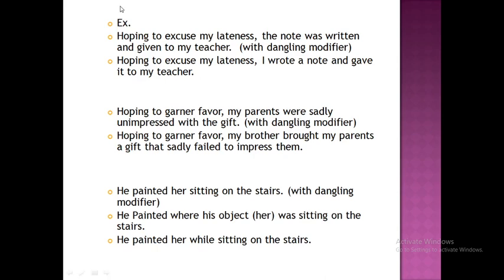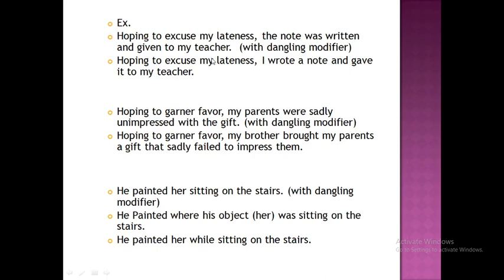Okay, so the first sentence: Hoping to excuse my lateness, the note was written and given to my teacher. This is with a dangling modifier. Why? Because nothing is clear. Who wrote the note and who gave it to the teacher?